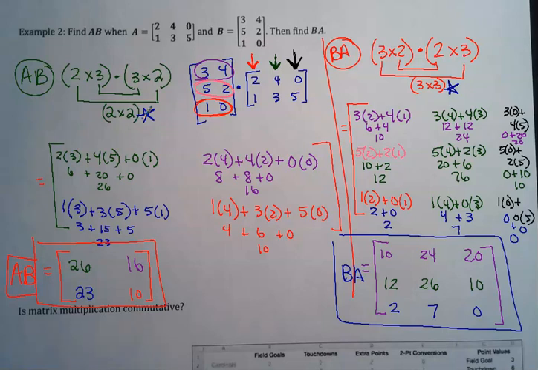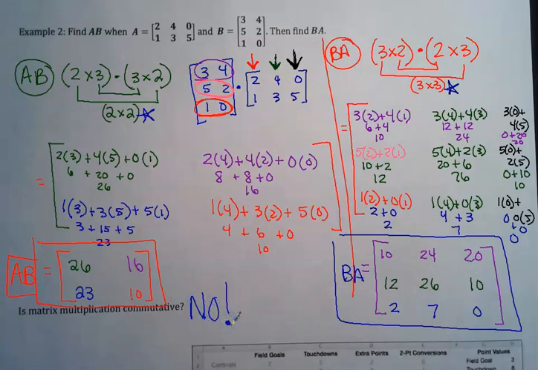Okay, we're going to skip this question, is matrix multiplication commutative? Because, well, it should be on your notes maybe a little bit more tomorrow. But the answer is no, so I won't skip it. The answer is no. Matrix multiplication is not commutative.